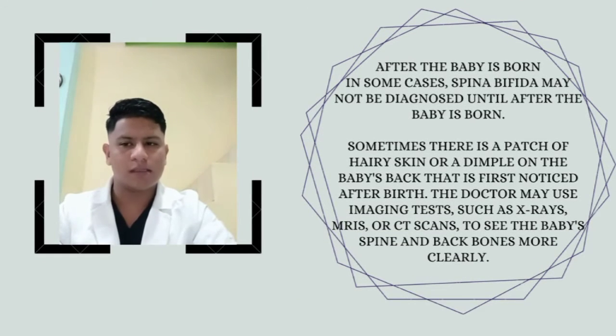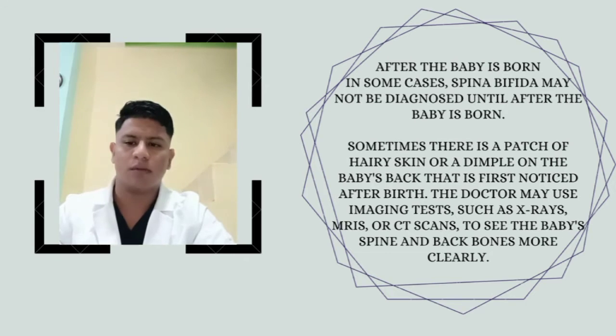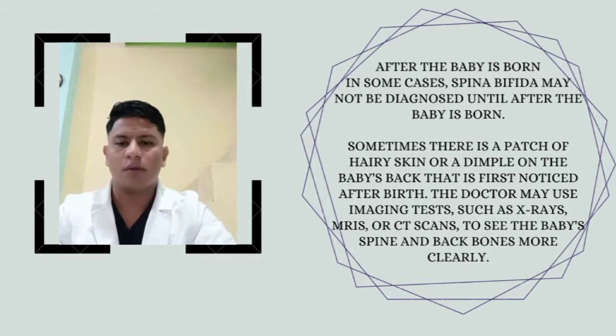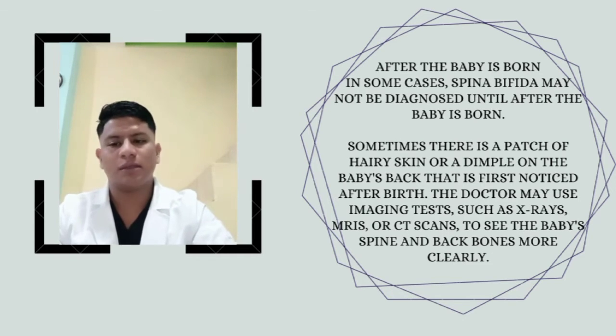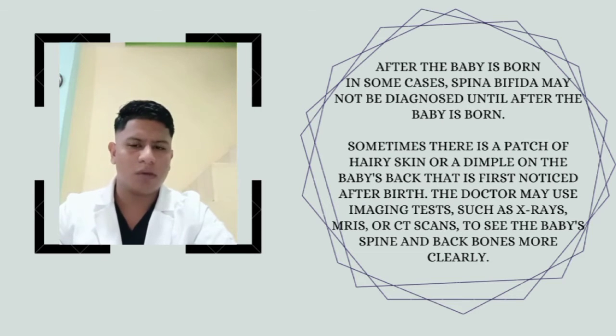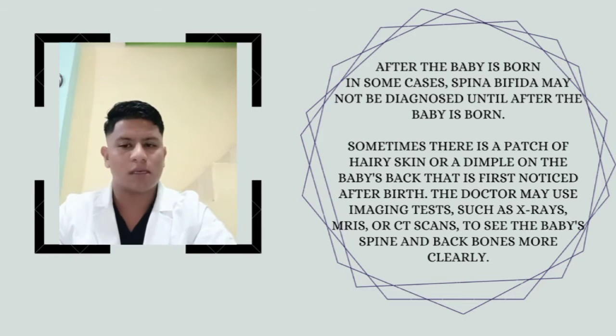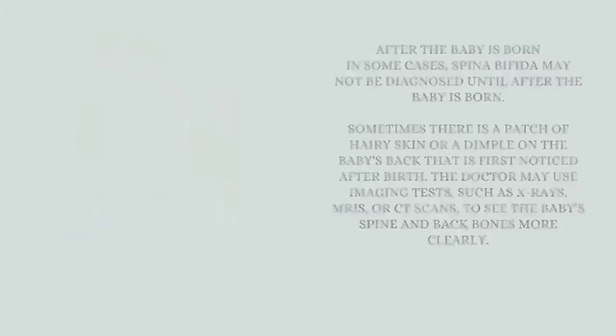In some cases, spina bifida may not be diagnosed until after the baby is born. Sometimes there are patches or a dimple on the baby's back that is noticed after birth. The doctor may order imaging tests such as an X-ray or skin scan to see the baby's spine and backbone clearly.